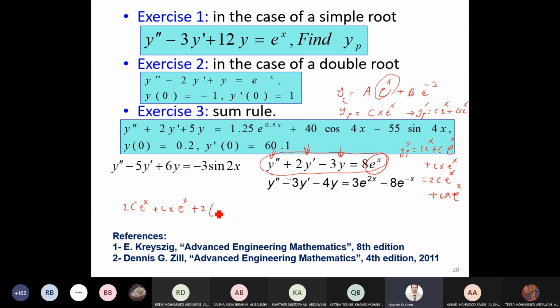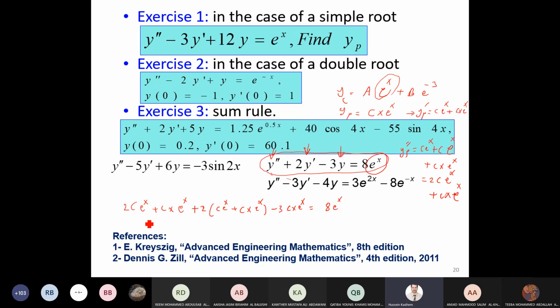What is y dash? c exponential x plus c x exponential x, close brackets, minus 3, where is my yp? c x exponential x equal, what is the right hand side? 8 exponential x.